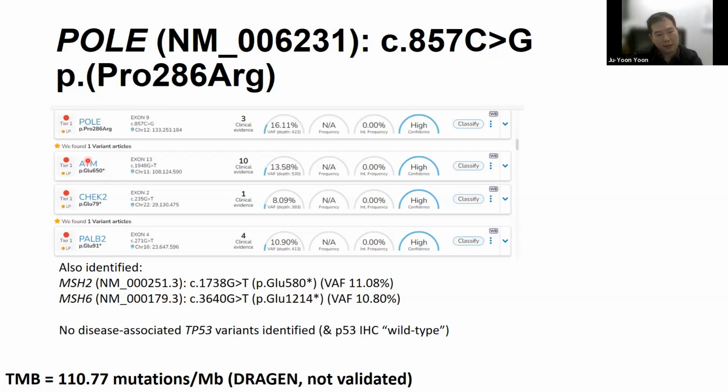But if you look at the other variants, these are interesting genes, but probably not significant in the context of POLE mutation. But if you look at the nucleotide changes that there are, C to A, C to A, C to A. So this is something that's actually very much fitting with the POLE-driven carcinoma.